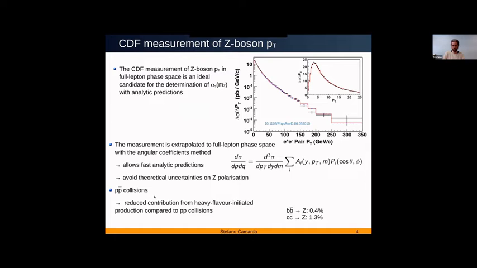To give some numbers, at Tevatron energies in p-pbar collisions, we expect a b-bbar contribution below 0.5% and c-cbar a little bit above 1%. So this is also a nice simplification of the analysis, because we don't need to worry very much about any flavor-initiated contribution and related uncertainties.